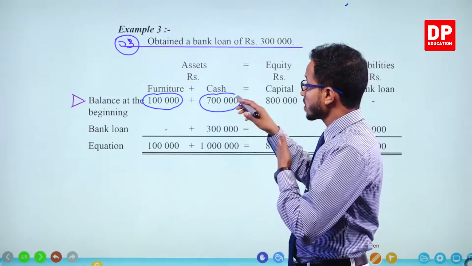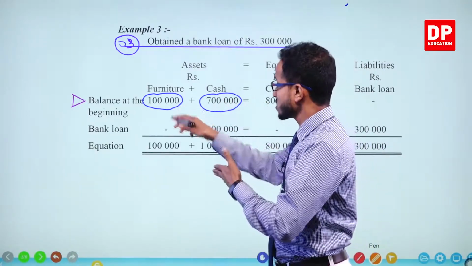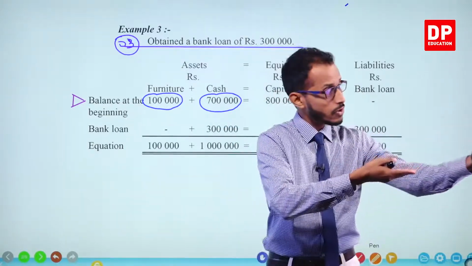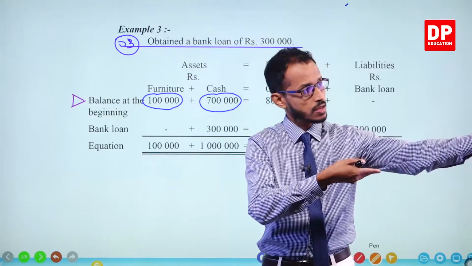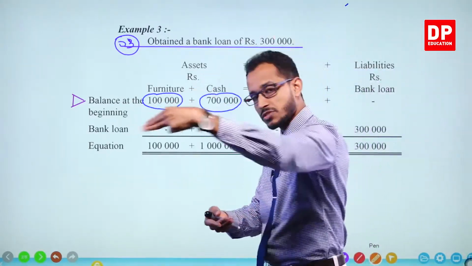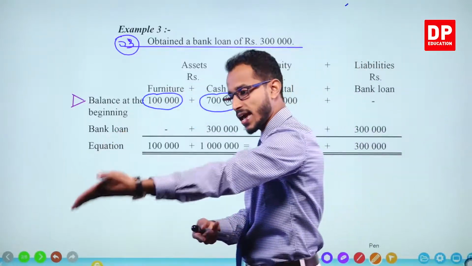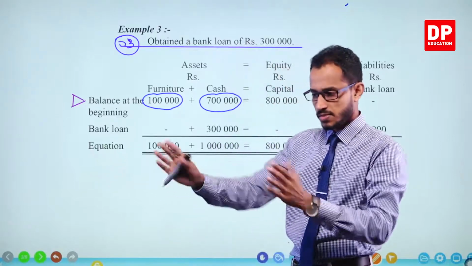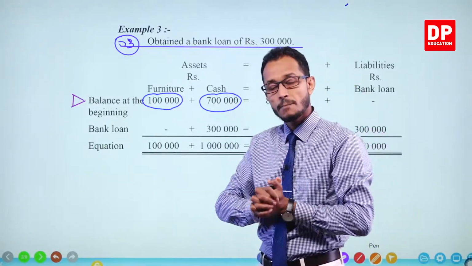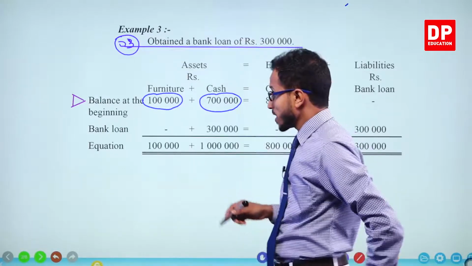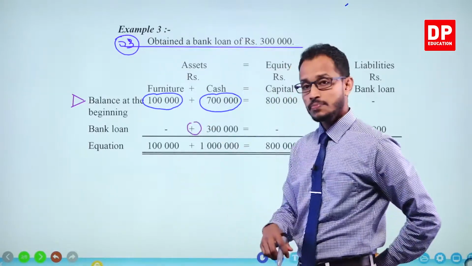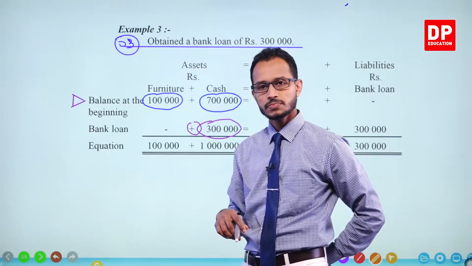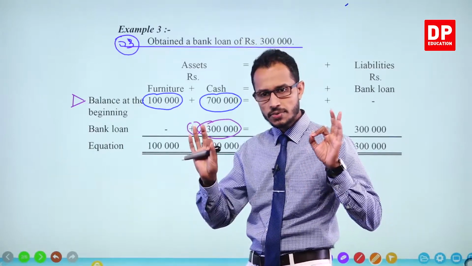Now, in addition to these two assets, another 300,000 borrowed from the bank comes into the business. 300,000 cash coming to the till or cashier, the cash balance of the business. That's why increasing 300,000 is shown under assets. Clear, right?